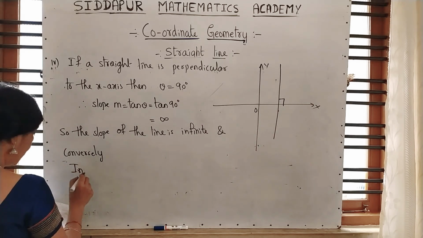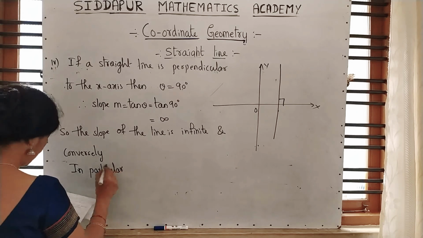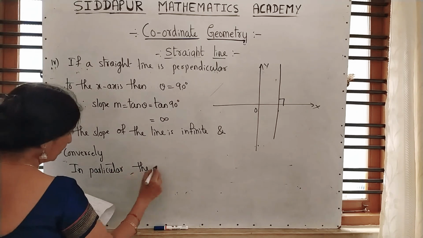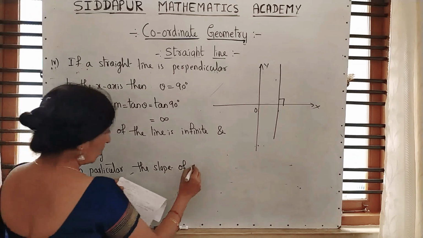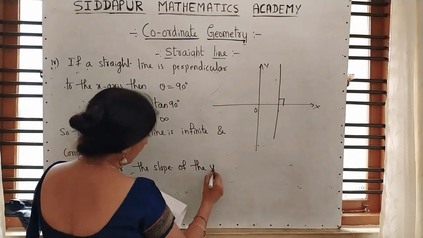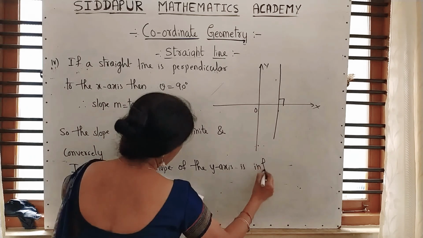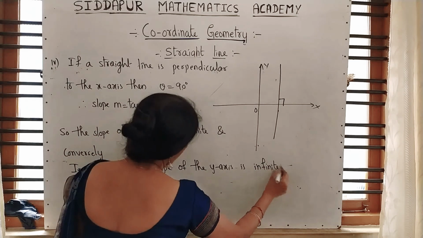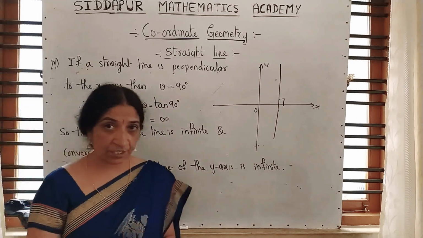In particular, the slope of the y-axis is infinite. Understood?